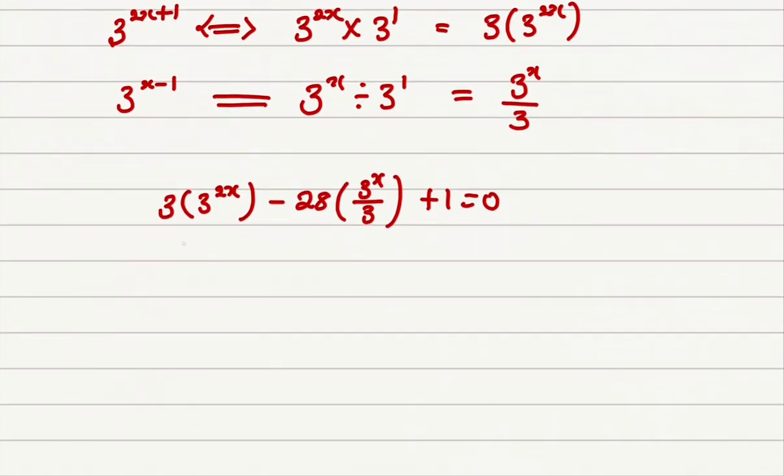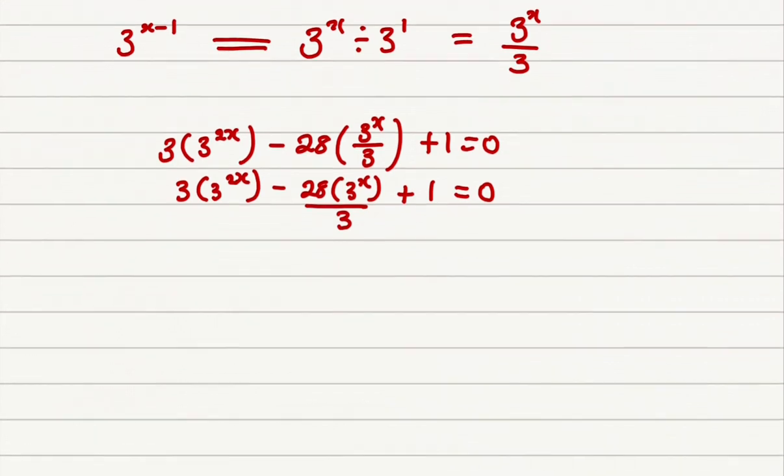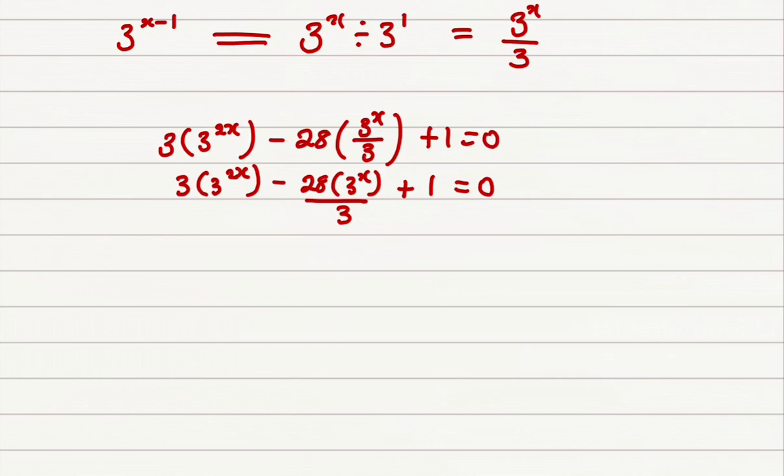Now, arranging further, I have 3 into 3 raised to power 2x, then minus 28 into 3 raised to power x all over 3, then plus 1 is equal to 0. Now, I would love to clear the fraction by multiplying through by the LCM, which is 3.